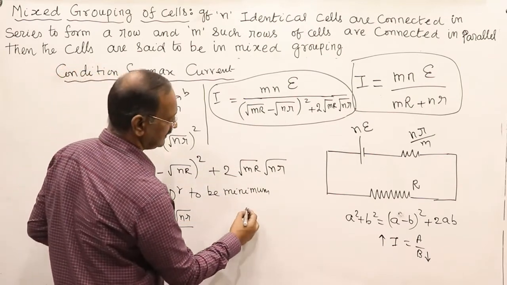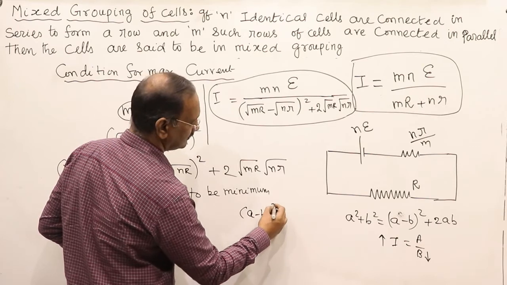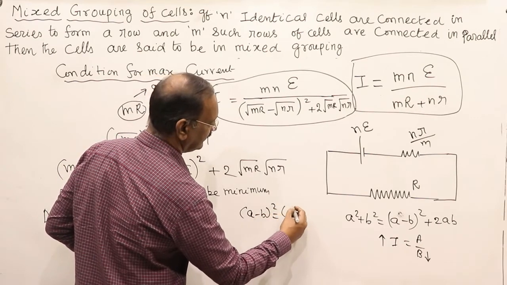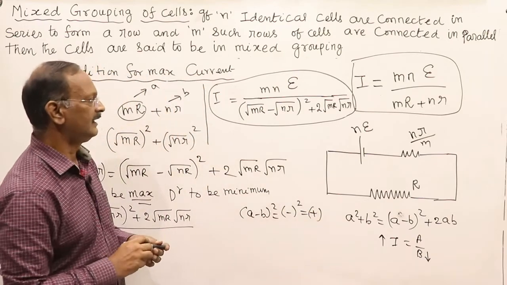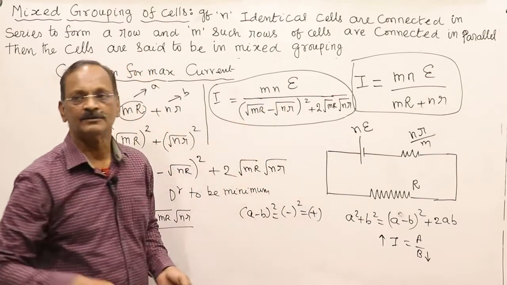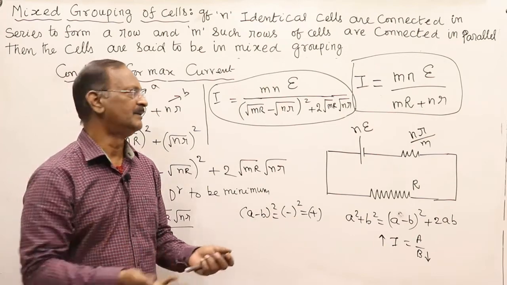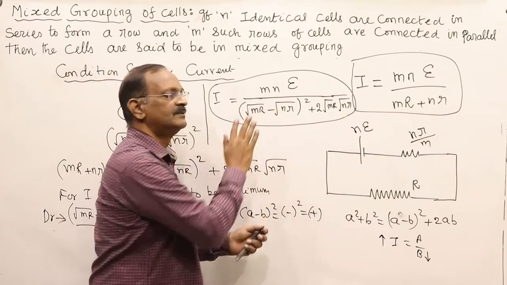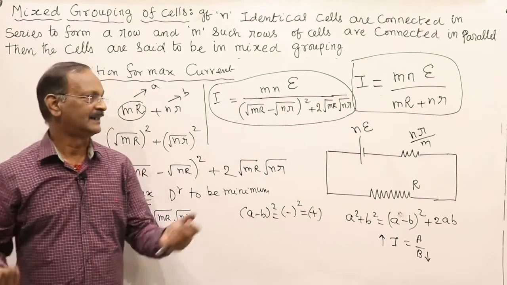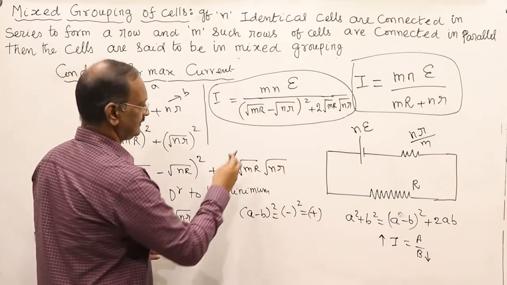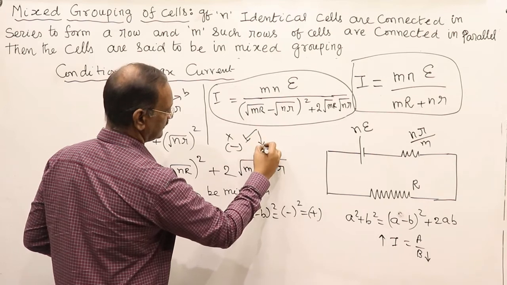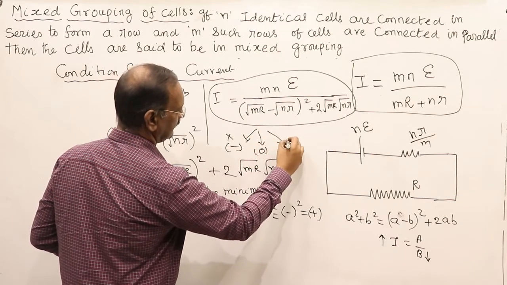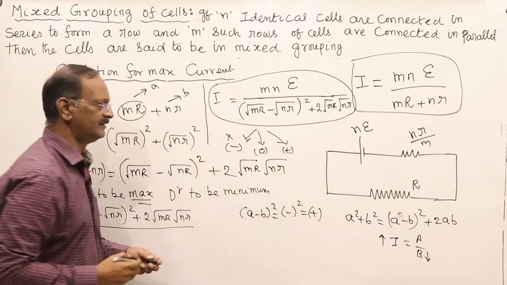Since it is (a − b)², even if a − b is negative, its square is positive. So the minimum value has to be 0; a negative value is not possible, 0 is possible, and a positive value other than 0 is possible.